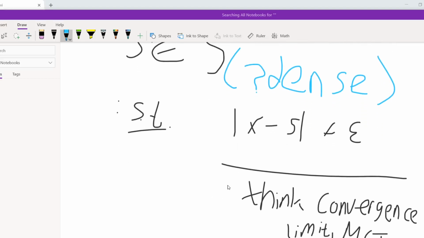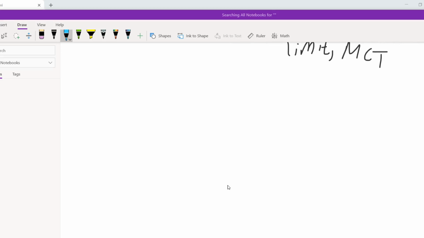Okay, so I just defined what a dense set is. Now I'm going to dig deeper and let's look at some examples. Examples of dense sets.